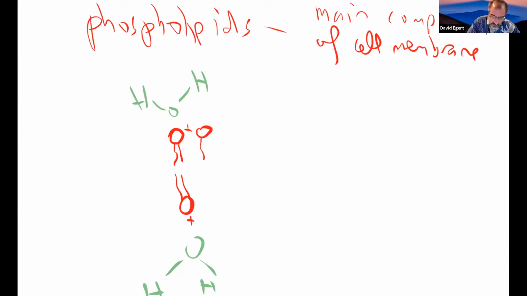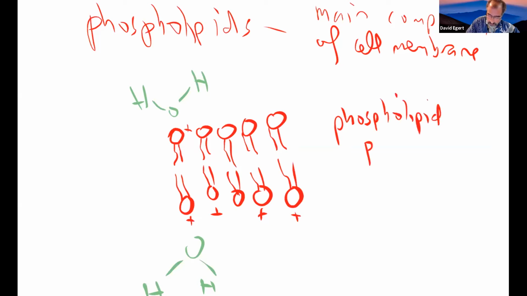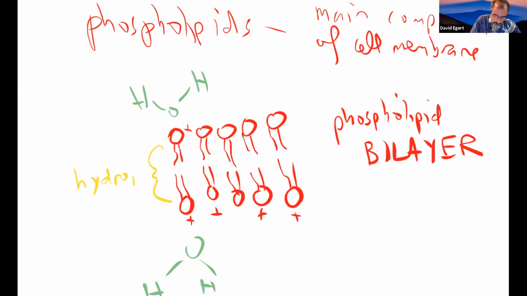So they start making what we call the phospholipid bilayer. The hydrophobic tails all go in towards each other, away from the water.